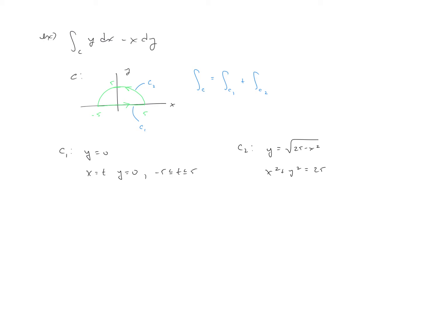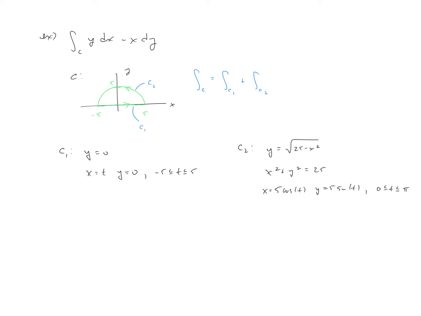And if you remember from Calc 2, the parameterization for this would be x equals 5 cosine t and y equals 5 sine t. And this is where t is going to be bounded between 0 and pi in this case. Not 2 pi, pi, there we go.